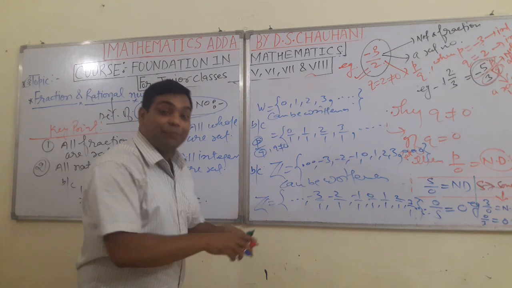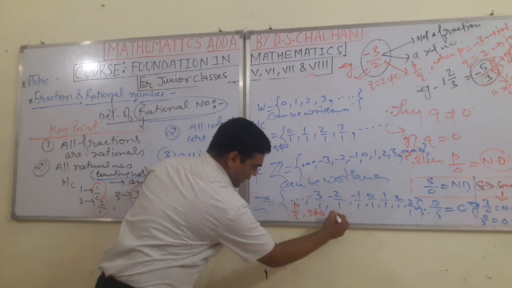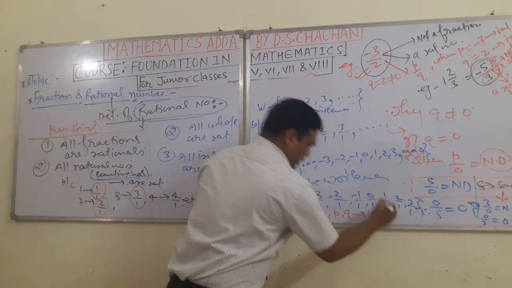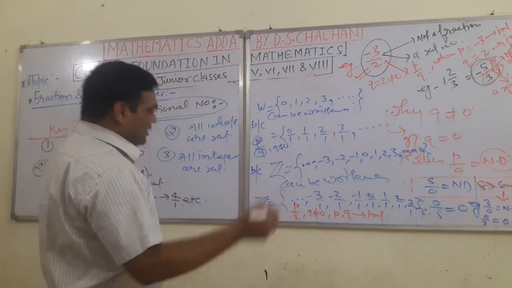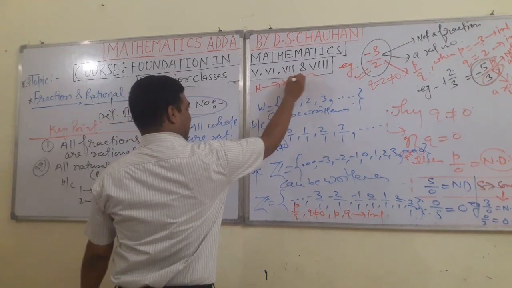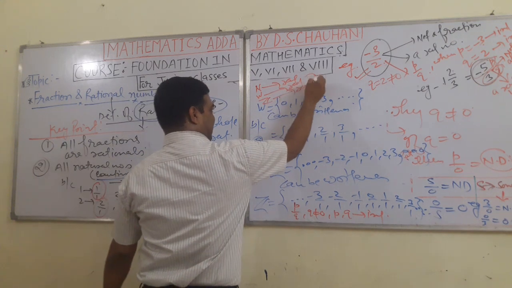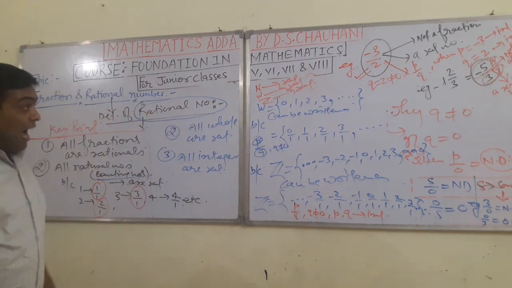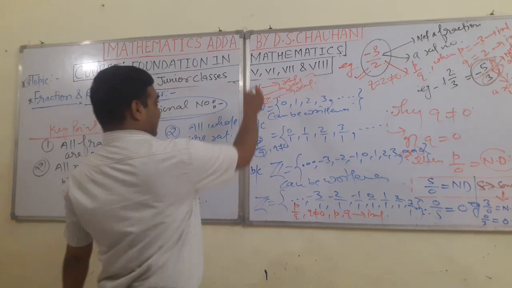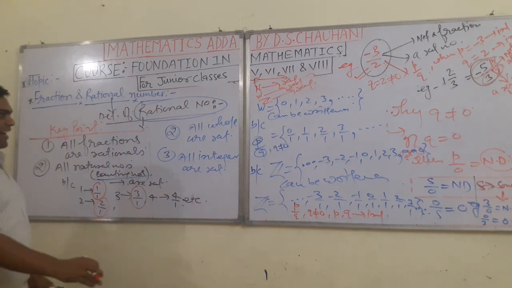All are of the form p by q, where q is not equal to 0 and p and q are integers. So the conclusion, students, is that all natural numbers are rational, all whole numbers are rational, all integers are rational, all fractions are rational. Very easily you are able to identify rational numbers.